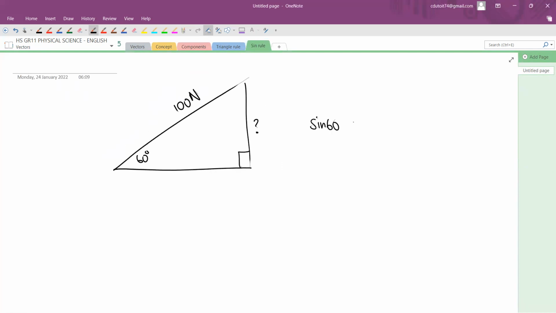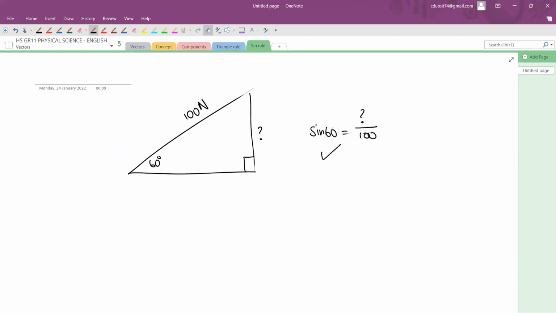Sine 60 is whatever known over 100. Is that correct? Amira. Yeah. Okay, good. We must also be able to work with triangles that don't have a 90-degree angle. This is new for grade 11. You're going to do that in maths too.